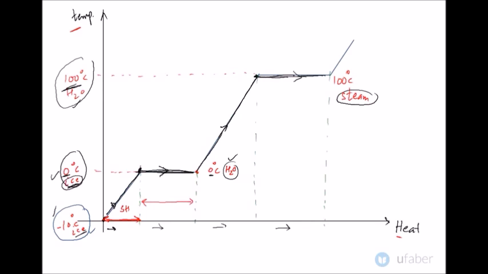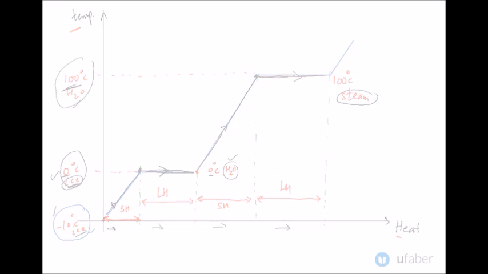This kind of heat is called latent heat. Okay, this means in sensible heat will have some temperature change, but the phase will remain the same, and in latent heat there will be no temperature change with the change of phase. And next, this is also some amount of sensible heat, and again this is the latent heat.